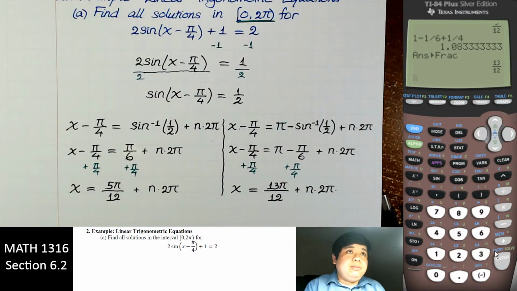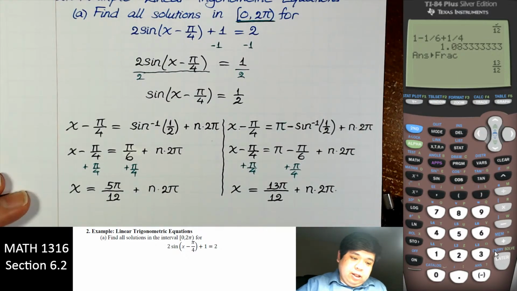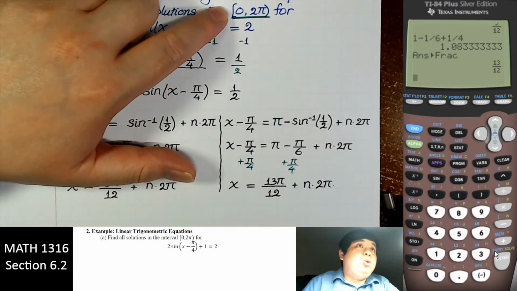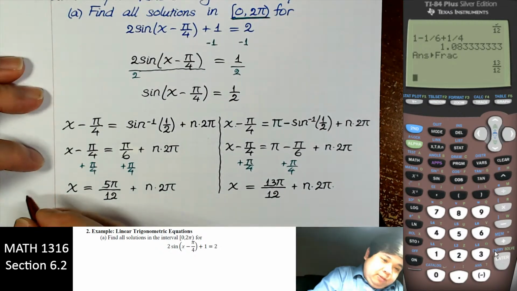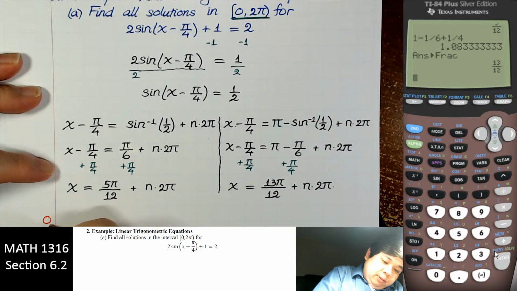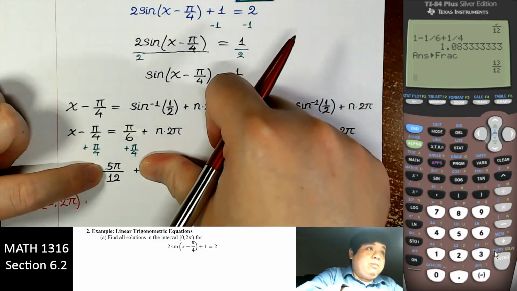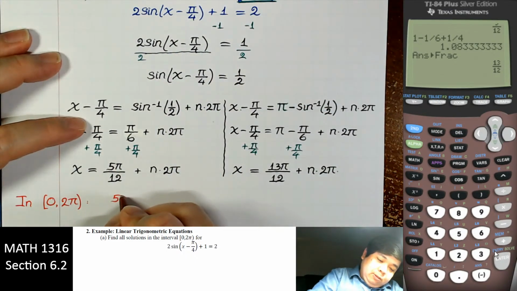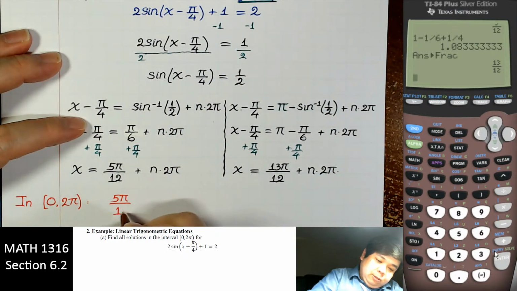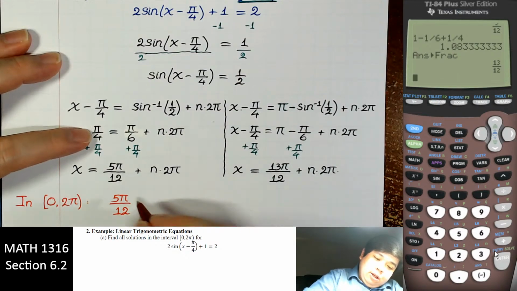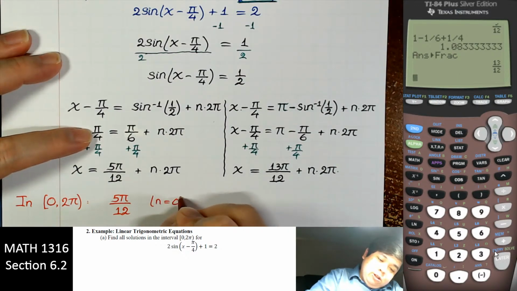And finally, the solution between 0 and 2 pi. Certainly we let n equal to 0, and we have this point. This is when n equals 0.